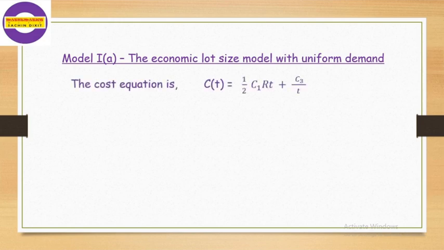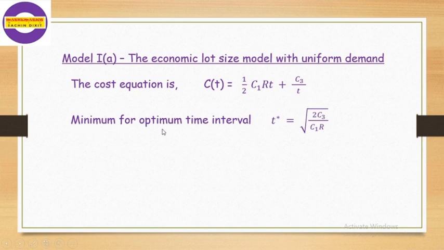First we find the cost equation. The cost equation is C(T) equals 1 by 2 C1 R T plus C3 upon T, where C1 is holding cost, T is variable time, R is rate of demand and C3 is setup cost. Then we find the minimum for the optimum time interval: T star equals under root of 2C3 divided by C1R.